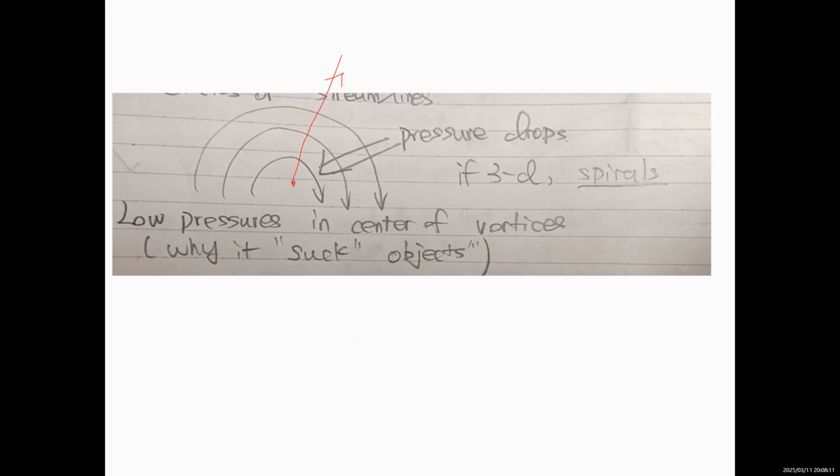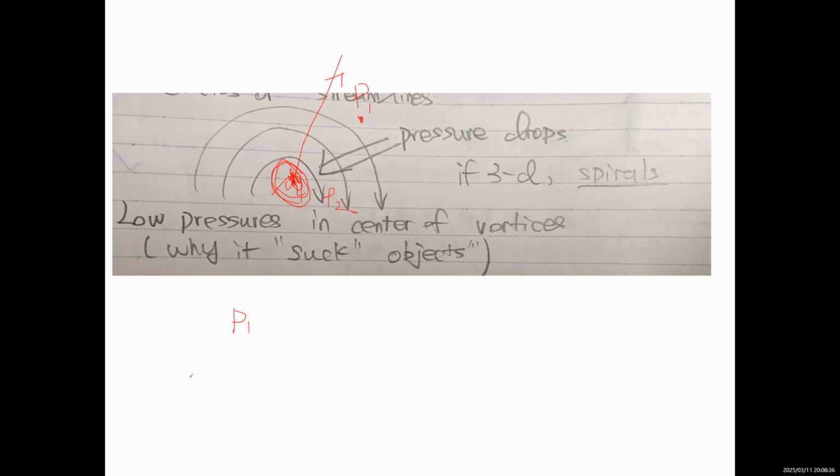So the pressure in the middle is quite low. And you can apply Bernoulli's equation to the streamlines near the center of the curvature. Let's say the point here has pressure P1, and the point near the center has P2.